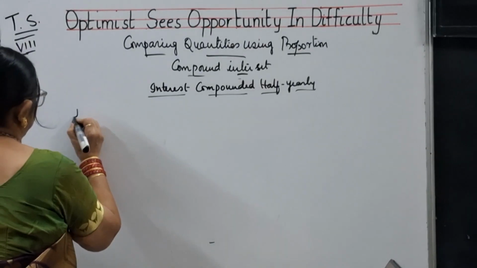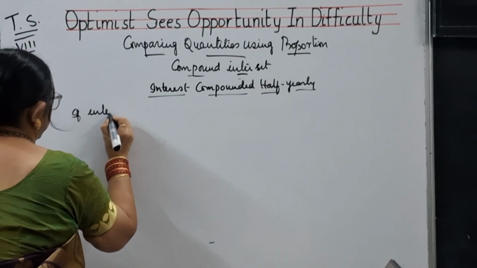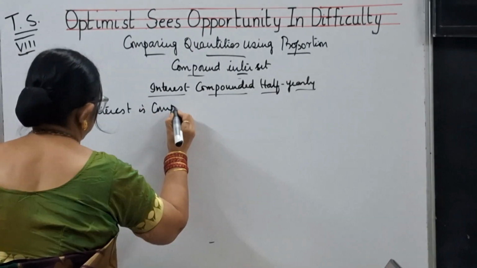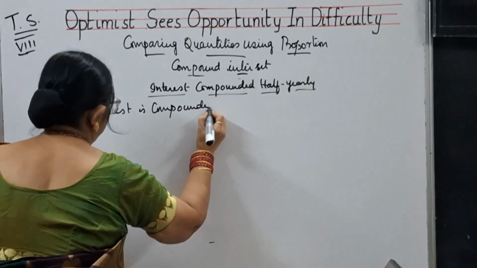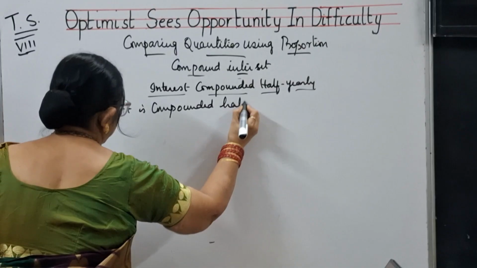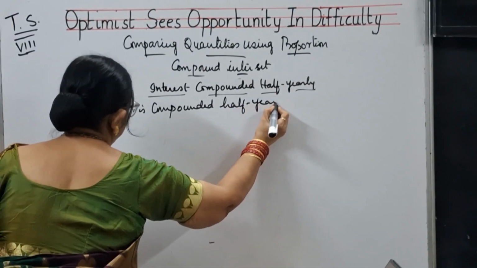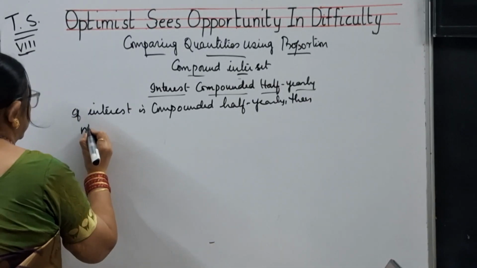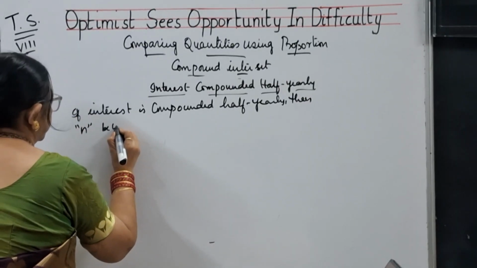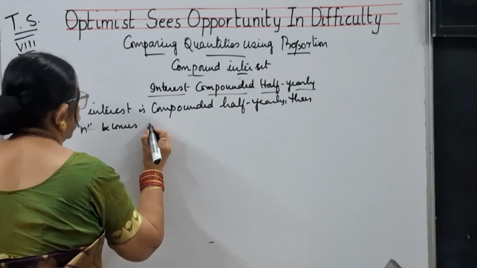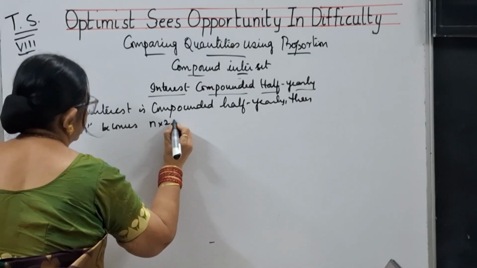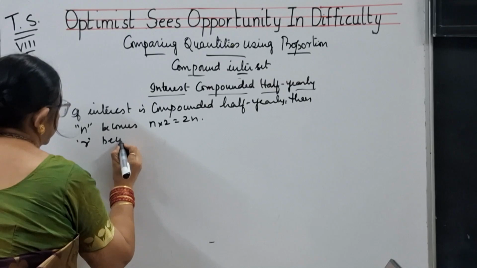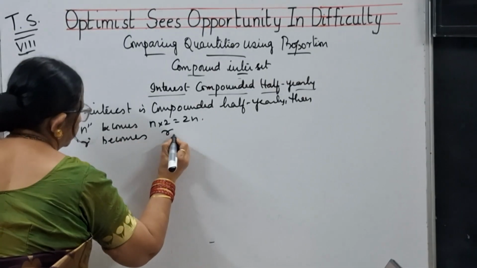So if interest is compounded half yearly, then n becomes double, n into 2, that is 2n, and r becomes r by 2.